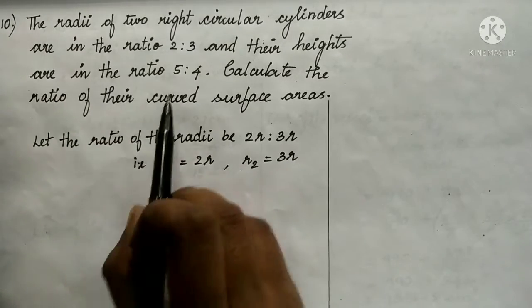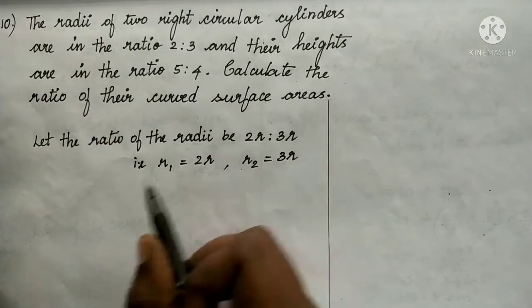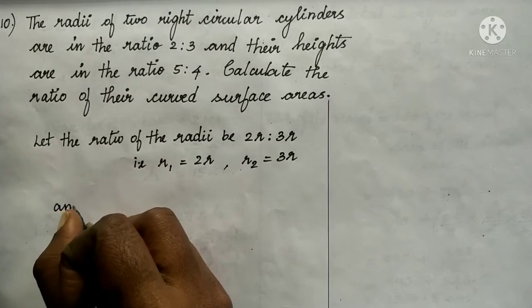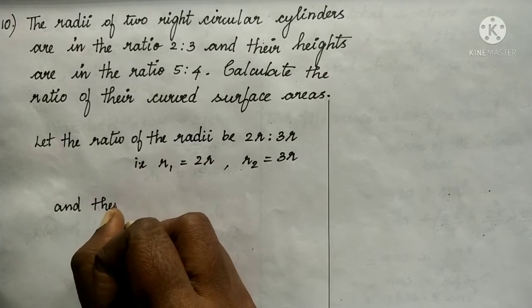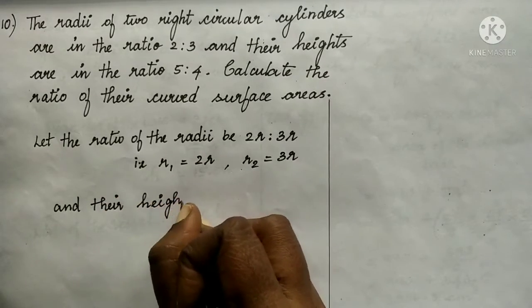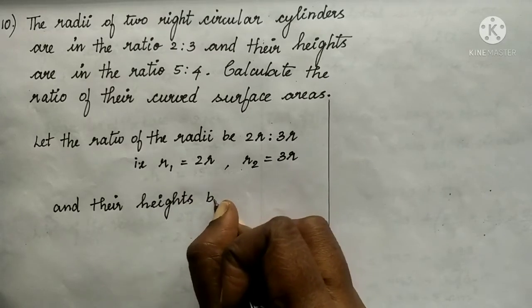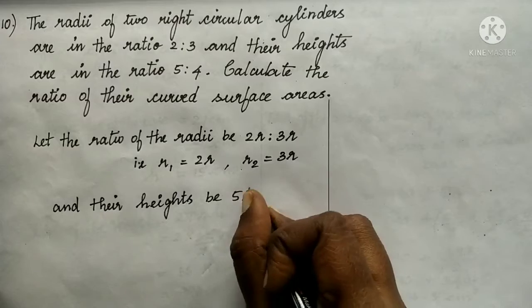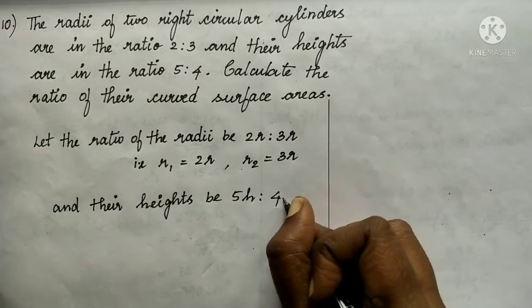Similarly, we will take the ratio of the heights as 5:4. So 5h is to 4h.